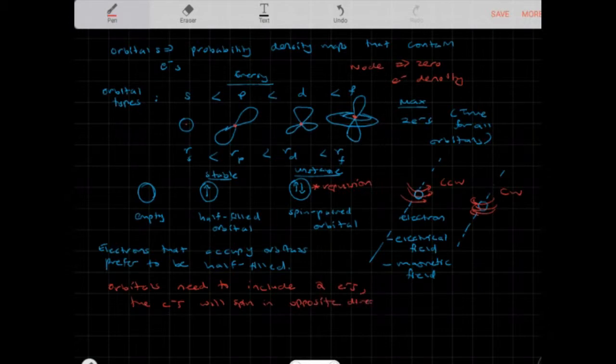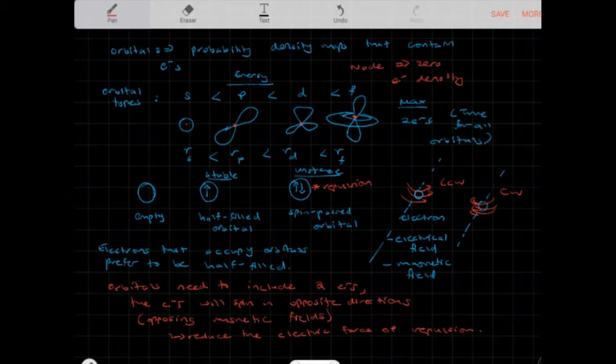And when the electrons spin in opposite directions, they have opposing magnetic fields. Right? And when they have opposing magnetic fields, they actually reduce the electric force of repulsion, right? So this process, where the 2 electrons are spinning in opposite directions, is called spin pairing. So electrons will be spin paired.